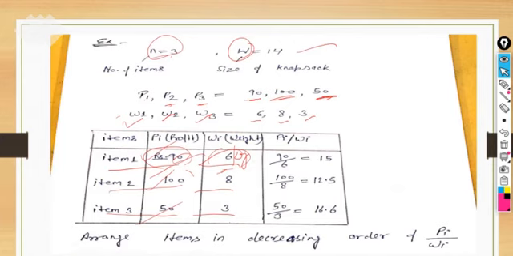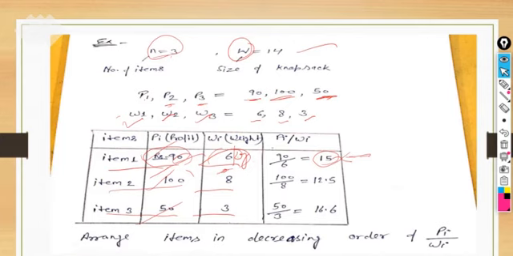So if we find the per unit profit, if I'm trying to find it per kg, you can find it by dividing 90 by 6, and whatever you get is the profit per kg. So our main task is to find out the profit per unit, right? Per unit, how much profit we are able to take with respect to any item.